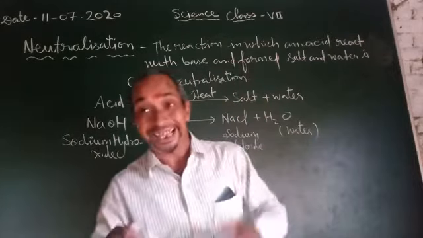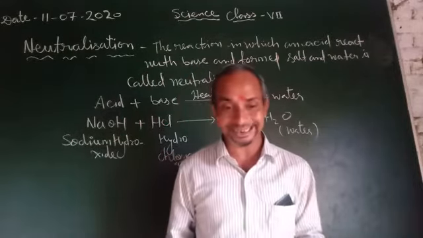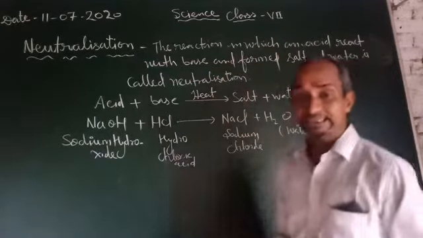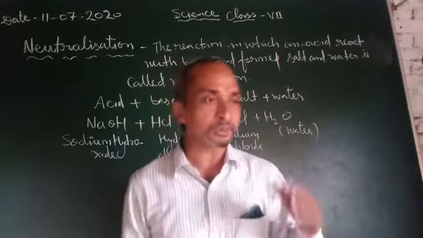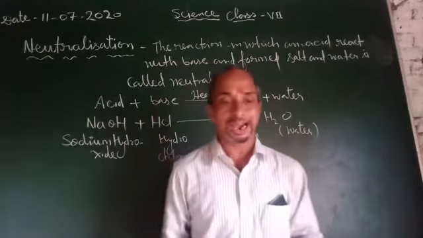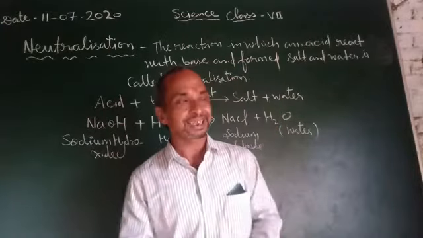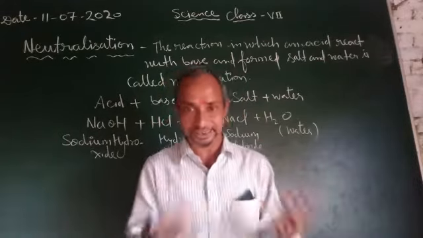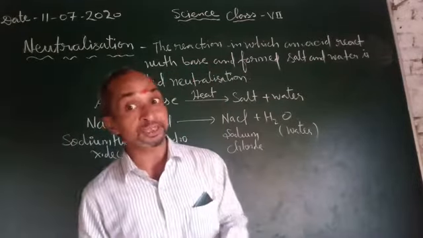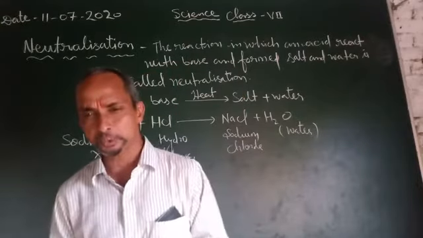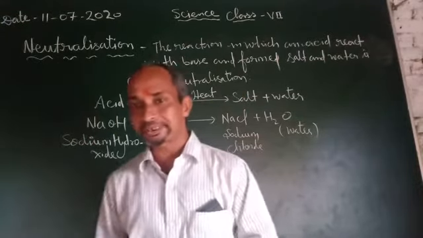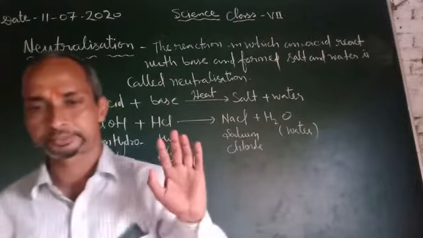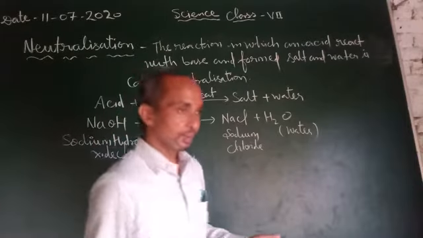But sometimes excess hydrochloric acid is produced in the stomach due to overeating or eating in a hurry, then it starts paining in the stomach. This causes indigestion, which produces pain, headaches and irritation in the stomach.